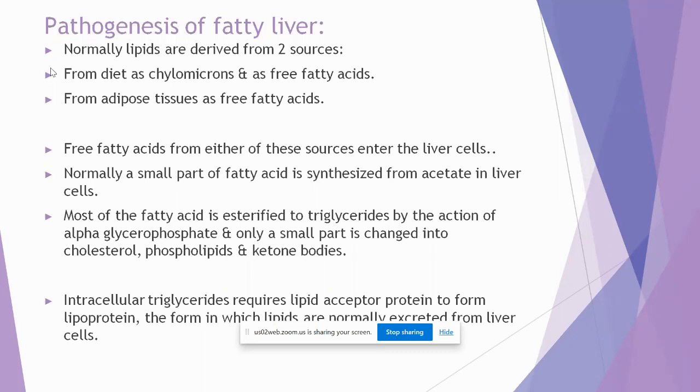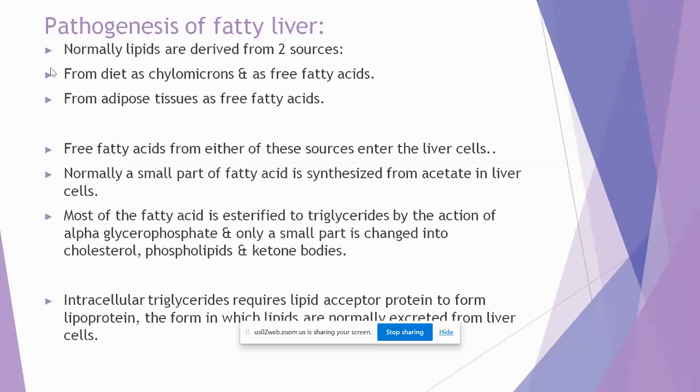Normally, lipids are derived from two sources: from diet as chylomicrons and free fatty acids, and from adipose tissue as free fatty acids. Free fatty acids from either of these sources enter the liver cells. Normally, a small part of the fatty acids is synthesized from acetate in the liver cells.